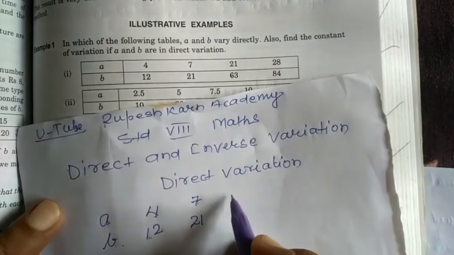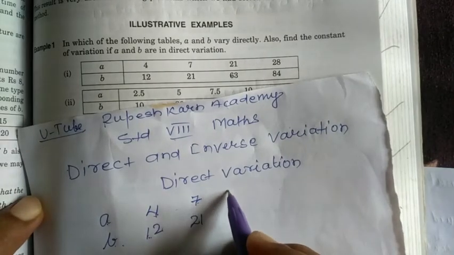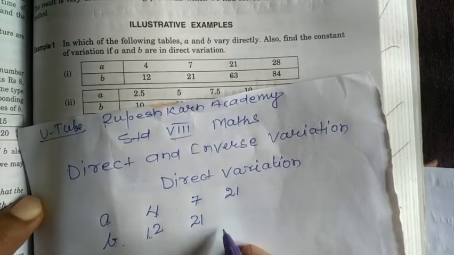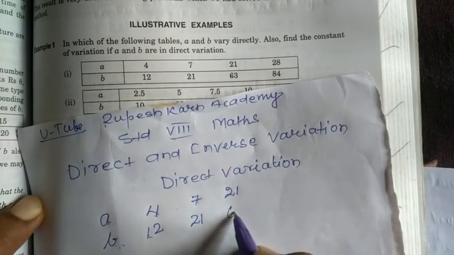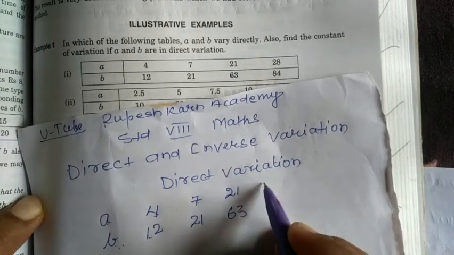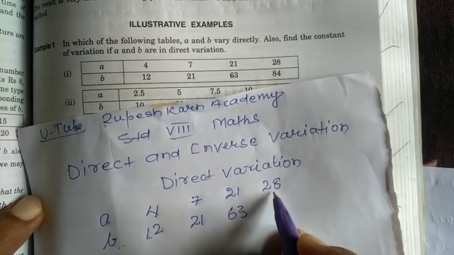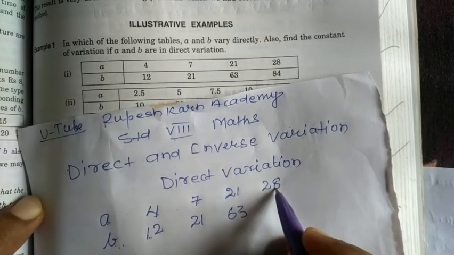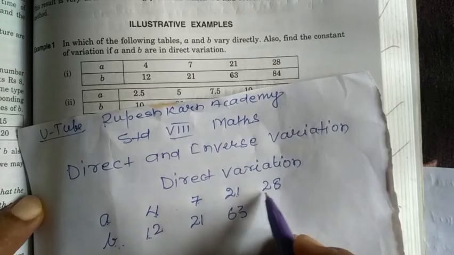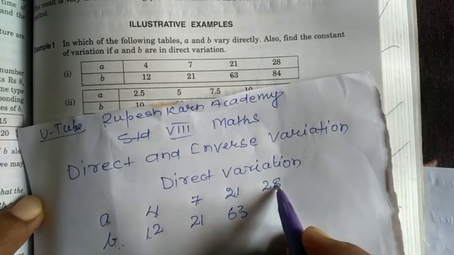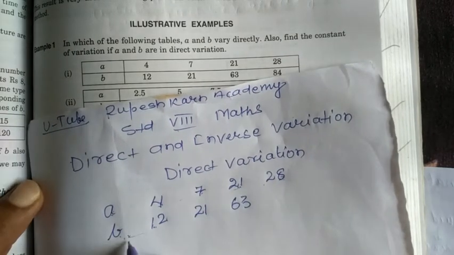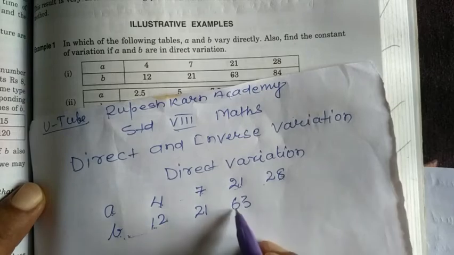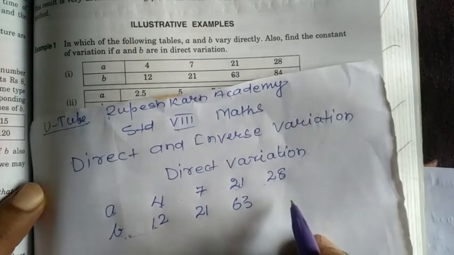Now the value of A we increase to 21 and the value of B increases accordingly. Similarly, the value of A becomes 28 from 21, and here also we see that there is an increase in the corresponding value of B.